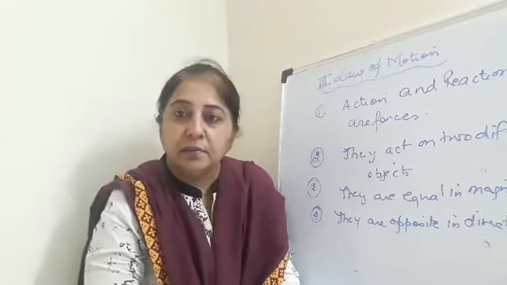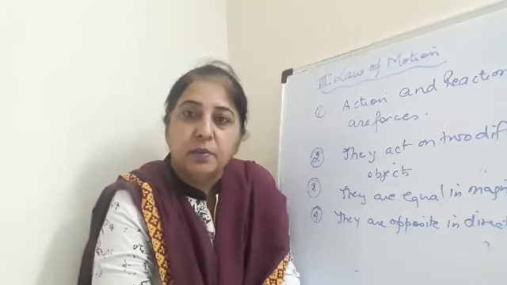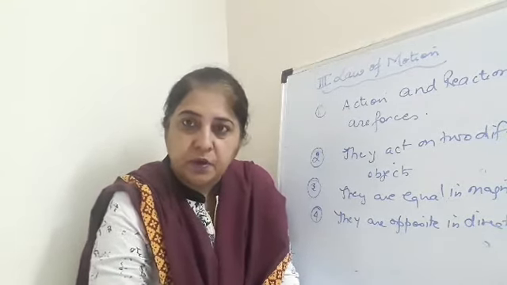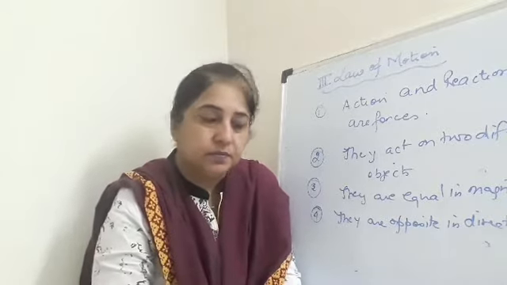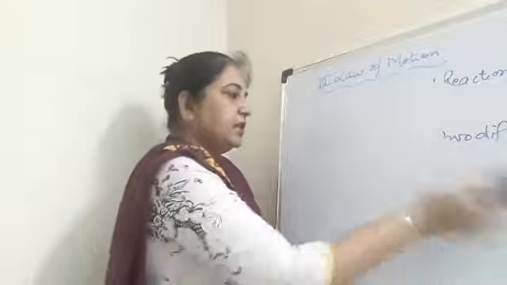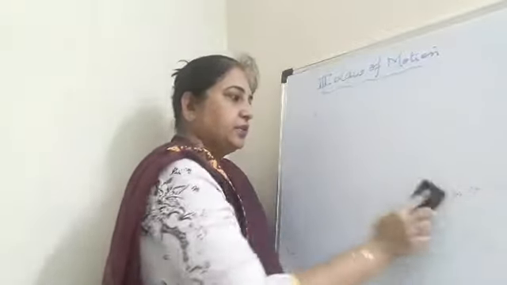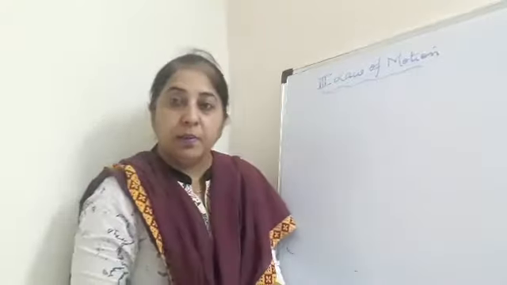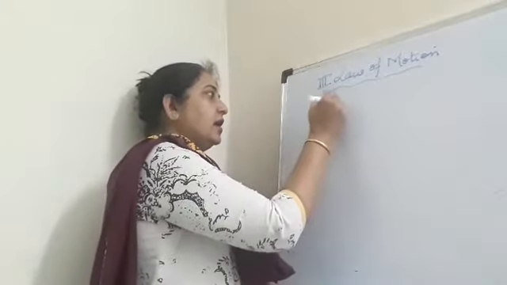The first example which I would like to take up is swimming. If a person swims, the action of his hands is in the backward direction. So when a person is swimming, we are studying what now?